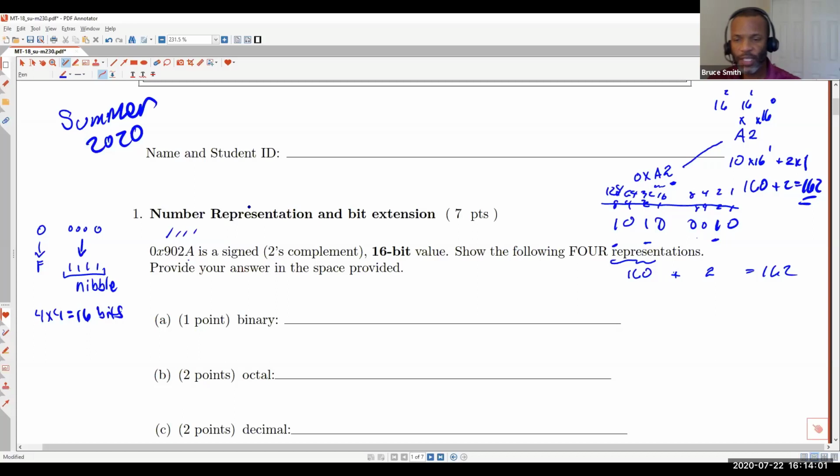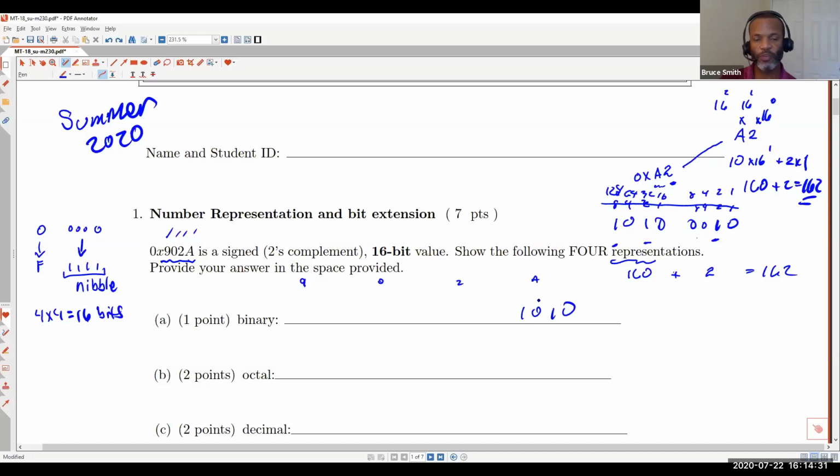So that means then when we look at the original value that we have here, the 9, the 0, the 2, and the 10, I know that a 10 looks like this. It's because it's 1, 2, 4, 8. 8 and 2 is 10.